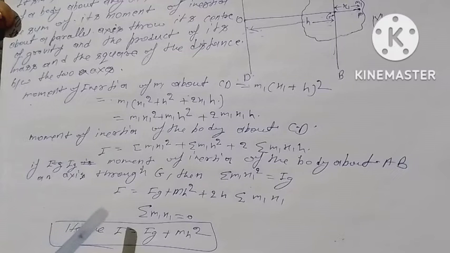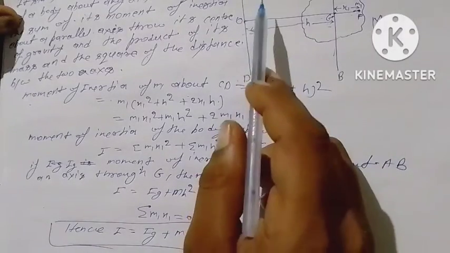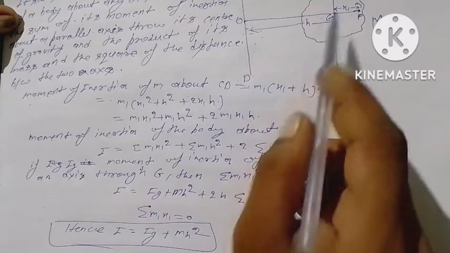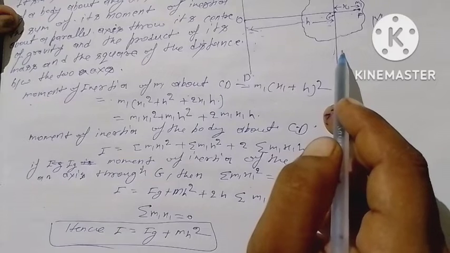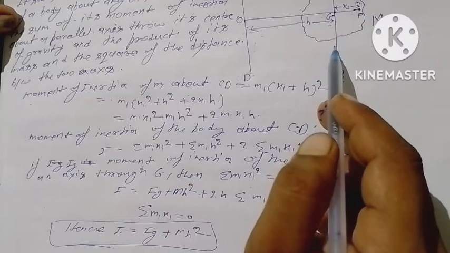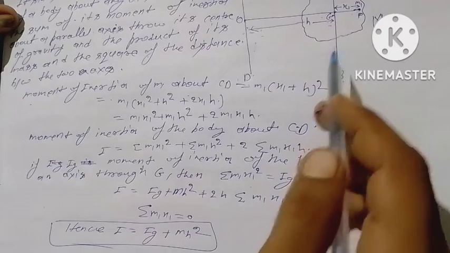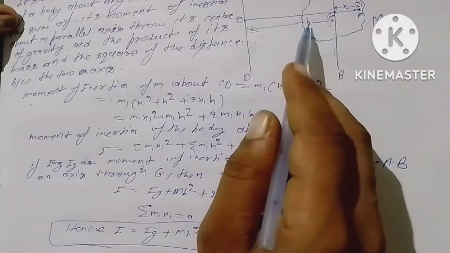Let CD be an axis in the plane of the paper and AB a parallel axis through G, the center of mass of the body. The perpendicular distance between the two axes is h.